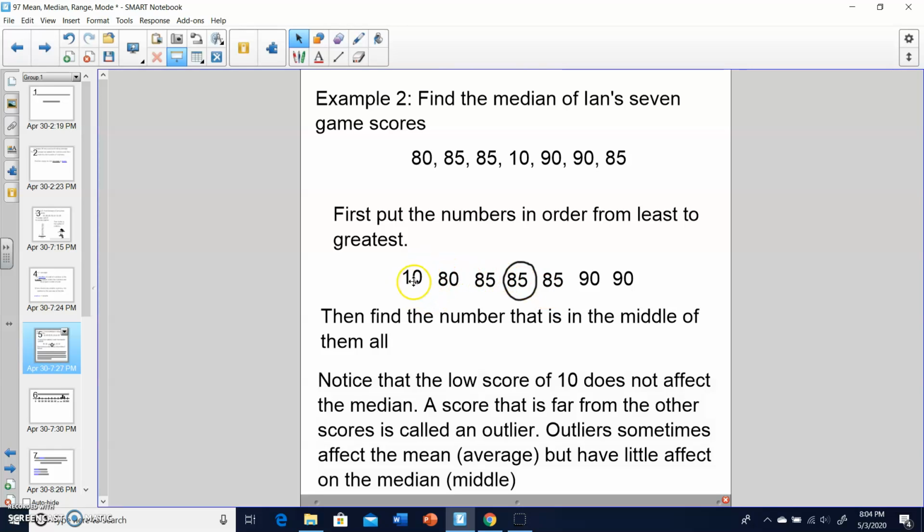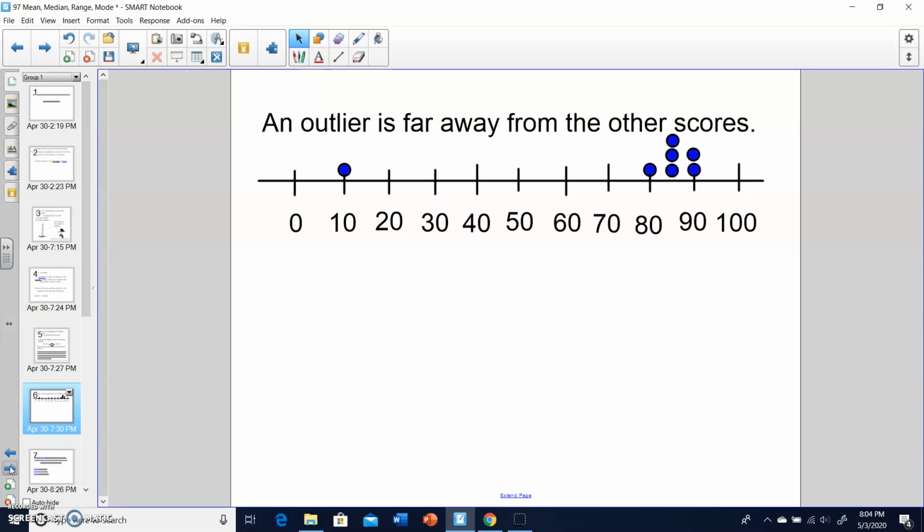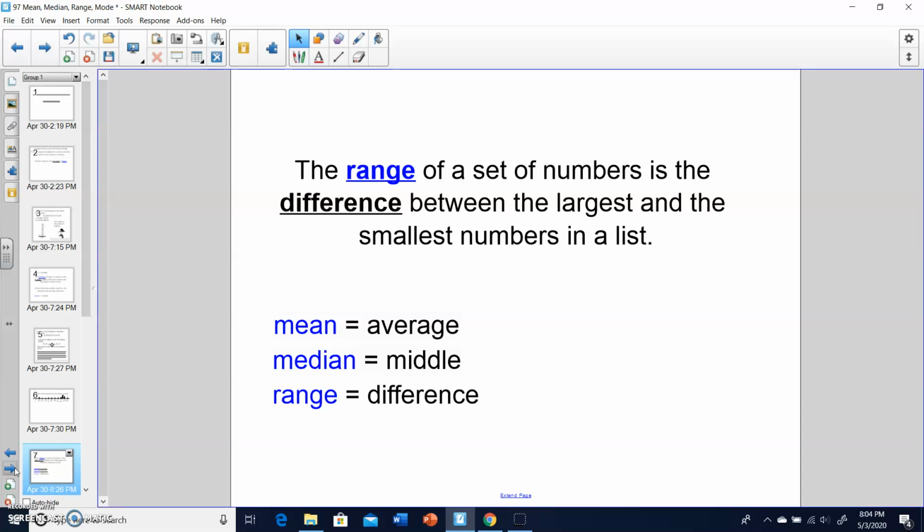Because he had a score of 10, his average might be lower than it would have been if this was an 80. So outliers sometimes affect the mean. Here's an example of an outlier being far away from the other scores. All the rest of them, his 80s, his 85s, his 90s, were right here bunched together. And then the score of 10 was way over here, far away from the rest. It's an outlier.